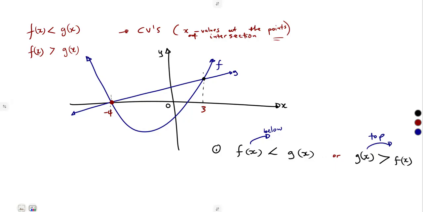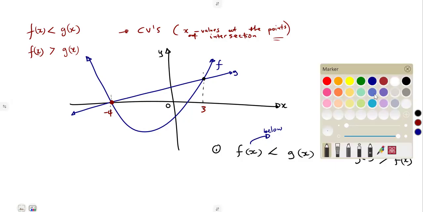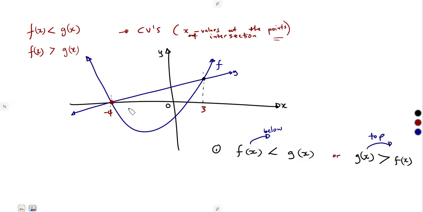So where we're going to have the solutions for this type of question, whether we are saying f of x is less than g of x, or g of x is greater than f of x, we have got two graphs, and we remember our critical values, the points of intersection at -4 and at 3. So if we compare, we have got 3 regions that we are going to use.